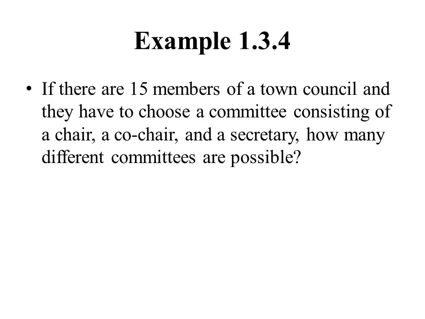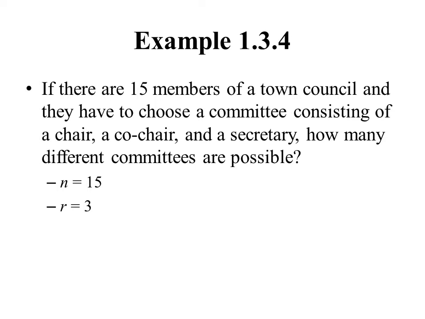Okay. So as an example, suppose there are 15 members of a town council, and they have to choose a committee consisting of a chair, a co-chair, and a secretary. How many different committees are possible? Okay. Well, notice that we have a large group of 15 people to choose from. They're all different, and we're choosing them without replacement, meaning we're not going to choose the same person twice. And we're going to choose 3 of those people.